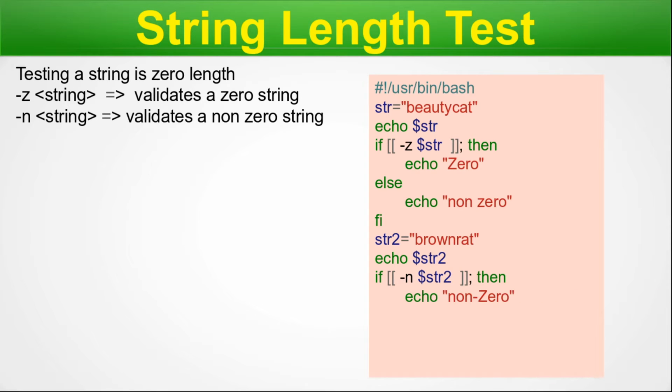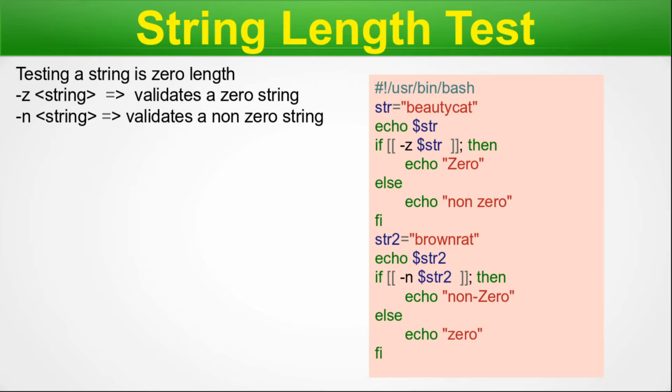We define the next string as brown rat, and we echo it, then we write the if -n $str2, and within that if the statement is echo non-zero. So you can see the difference: the positive return from this -n will come when the string is non-zero. We write the else here, and we write the statement echo 0, and we close the if.